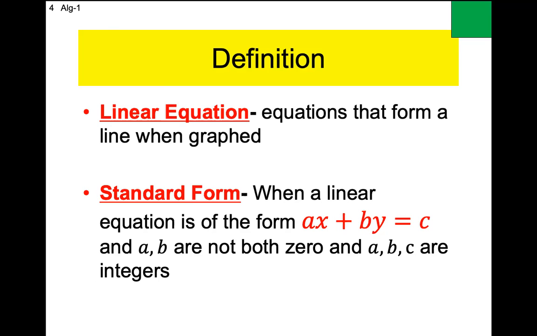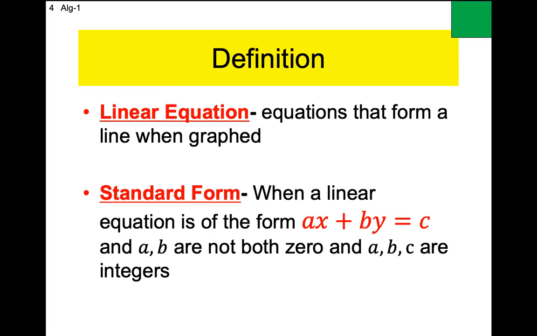If it looks like this, where A, B, and C are all integers, so maybe it's 2x plus 3y equals 5, we call it standard form. Algebra 1 does a bad job with standard form. Algebra 2 does a much better job. This year, we just say, hey, look, it's in standard form, and you're like, so what? When you get to Algebra 2, you get a so what for standard form. This year, not so much.